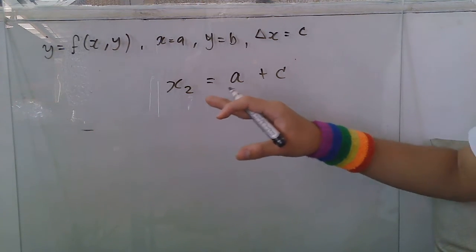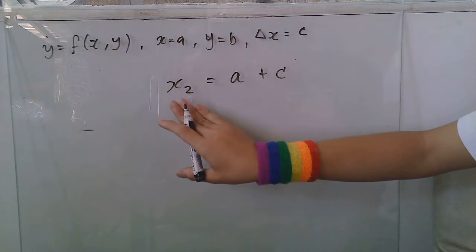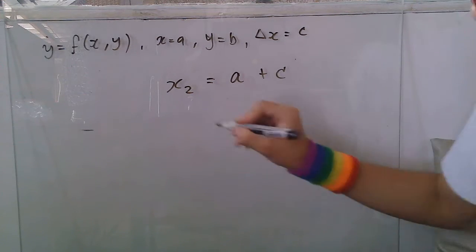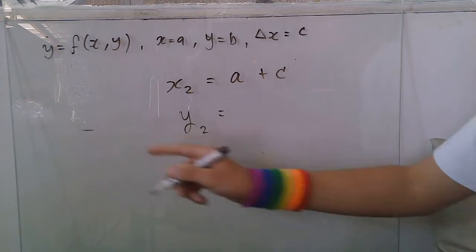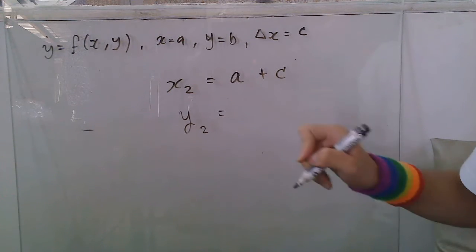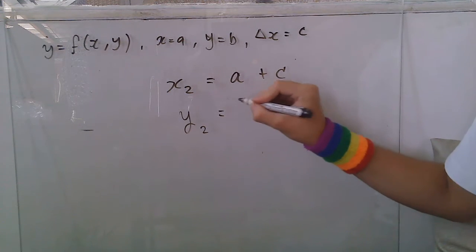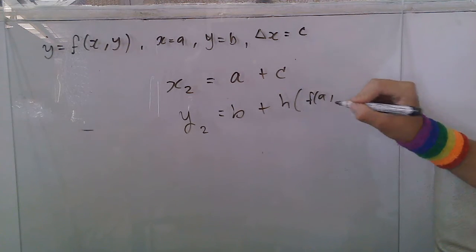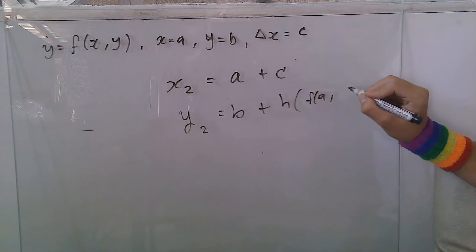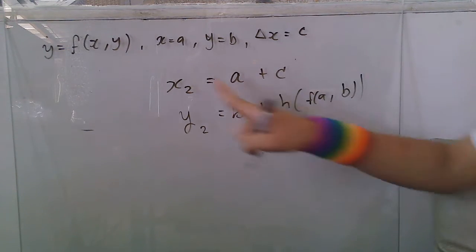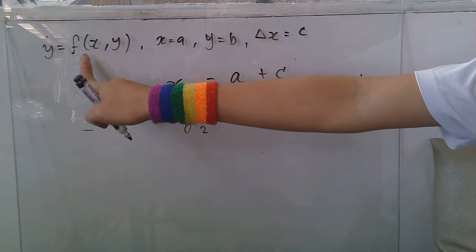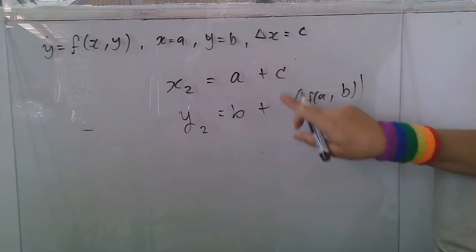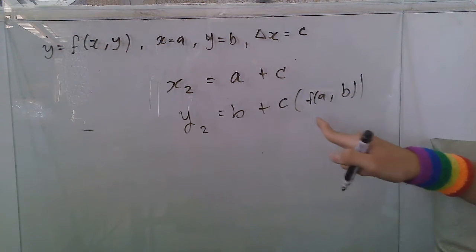So given our actual values over here, x sub 2, our second x, or better approximation for x, is just a plus c. And our better guess for y sub 2 is basically b plus h times f of a, b. So we put a, b into this function f of x, y and multiply it by this delta x, c. So that's b plus c times f of a, b. That's our second guess.